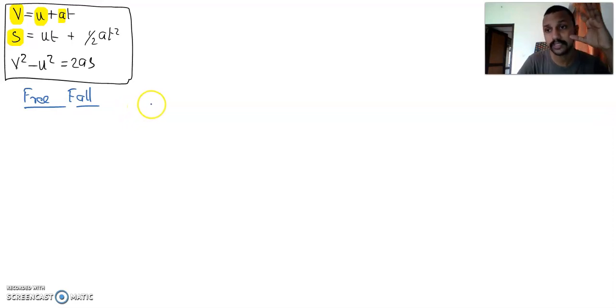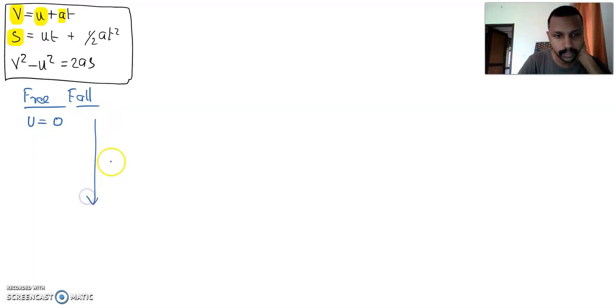If a substance is freely falling, one idea that you can get is its initial velocity is always zero. If a substance is in a state of free fall, the initial velocity is zero. As it is falling down, its magnitude of velocity is increasing.